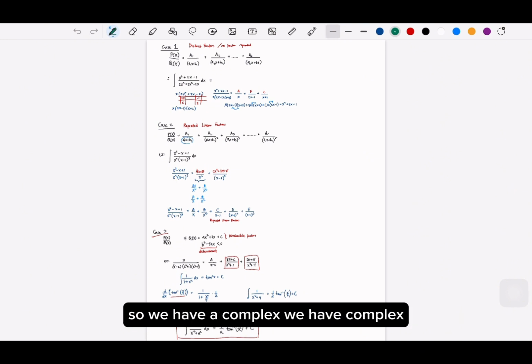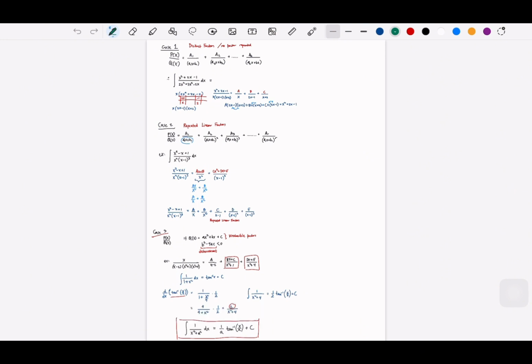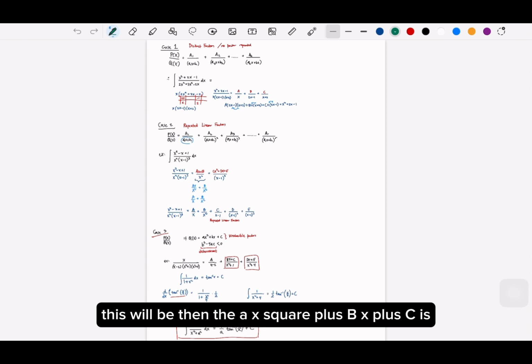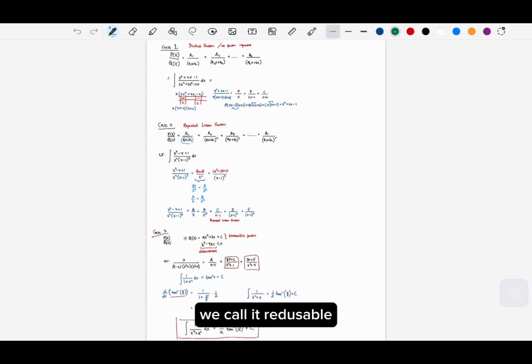So in the real numbers, this ax squared plus bx plus c is what we call irreducible.